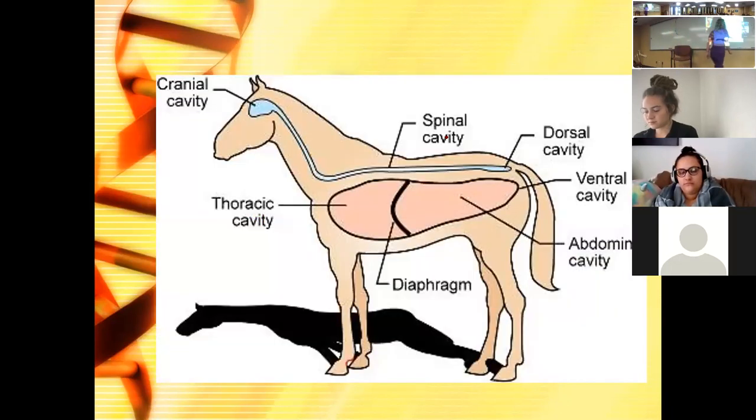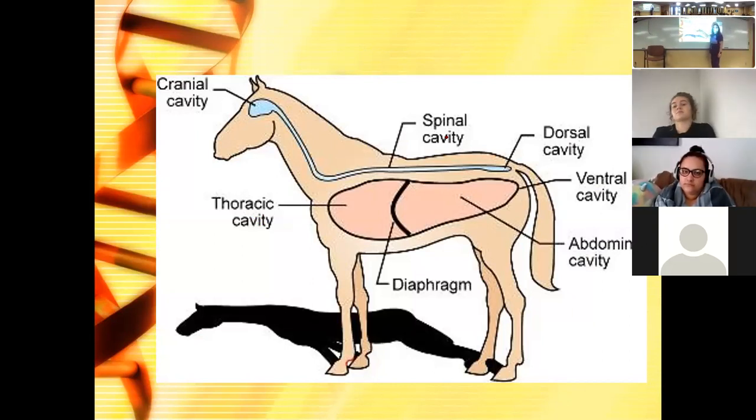This is just another picture. Here I have my spinal, this is my dorsal cavity. My ventral cavity, my diaphragm, and then in here would be the lungs, and here's the lung.